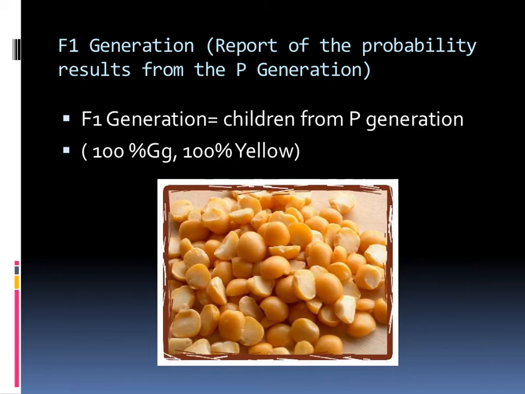So for the F1 generation, which are the children from the P generation, the probabilities are 100% or 4 out of 4, big G, little g as the genotype, 100% or 4 out of 4 yellow as the phenotype. Okay? So again, anytime I ask you to set up an F1 generation problem, you are simply just going to report back the probabilities from the P generation.